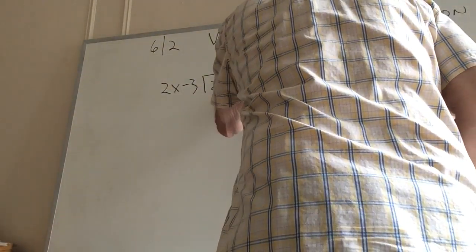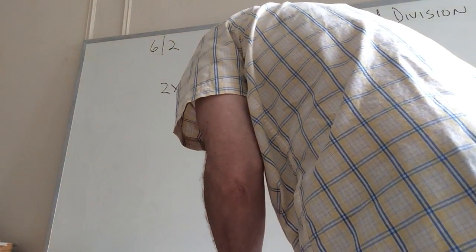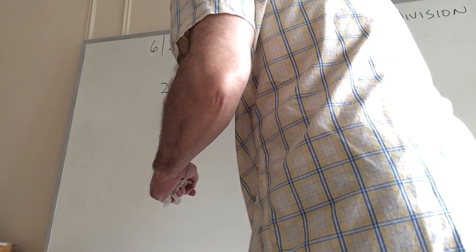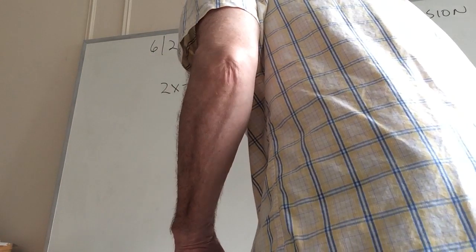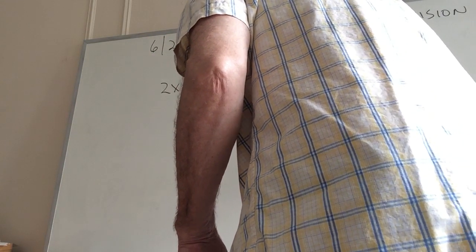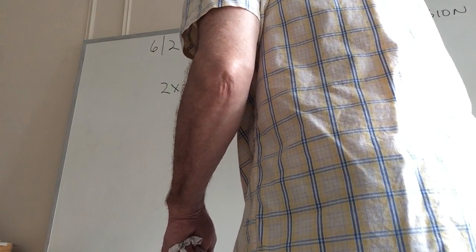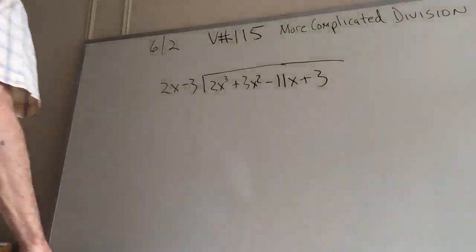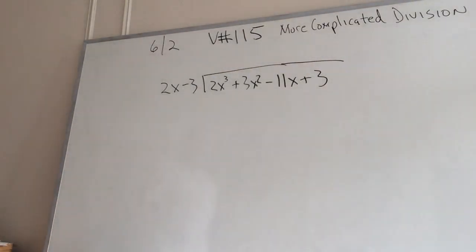Got to get the data down right. Data's wrong in this math, you're dead. 2x cubed plus 3x squared minus 11x plus 3. I know this is taking a couple minutes here, but I wanted to do at least 2 before I give you an assignment. So we're pretty much guaranteed that if there's no mistakes in here, we're going to get a remainder of 0.